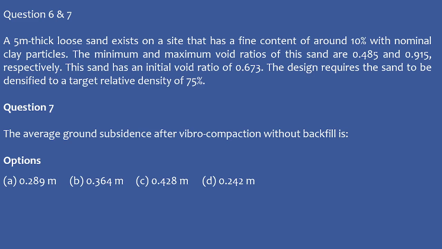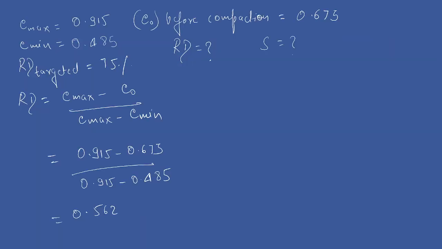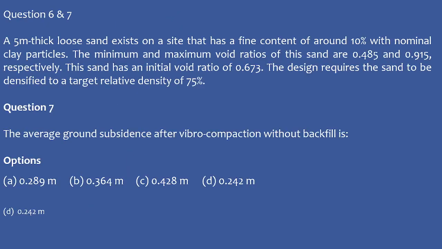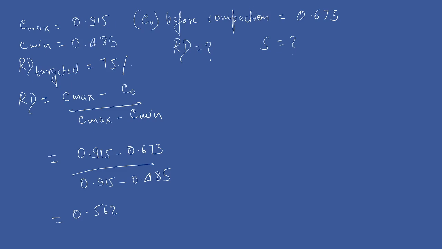Okay, I had calculated the previous relative density. Now for the relative density corresponding to 75%, we need to calculate the void ratio.